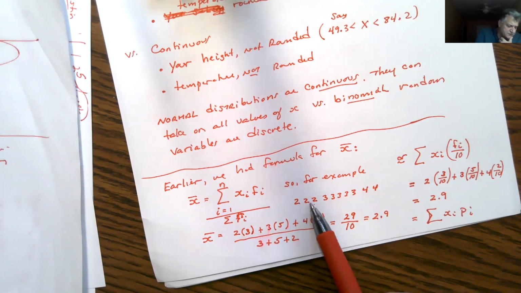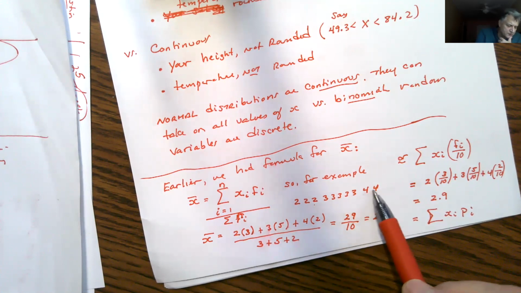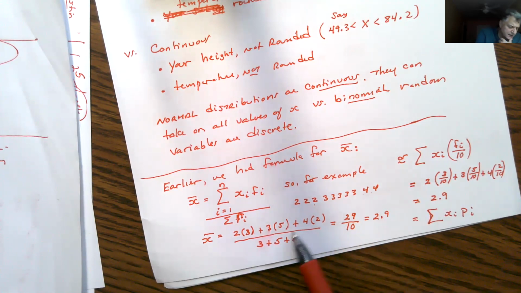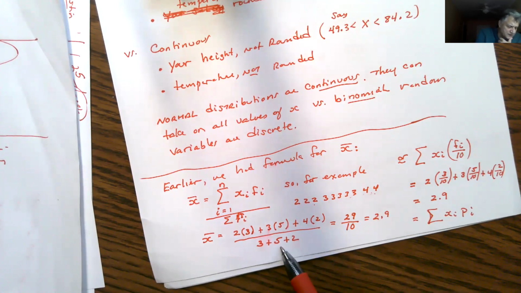You see that the 2 is there 3 times, the 3 is there 5 times, the 4 is there 2 times, and the total of the frequencies here is 3 plus 5 plus 2. There are 10 numbers altogether. Okay, get the total here, get 2.9.